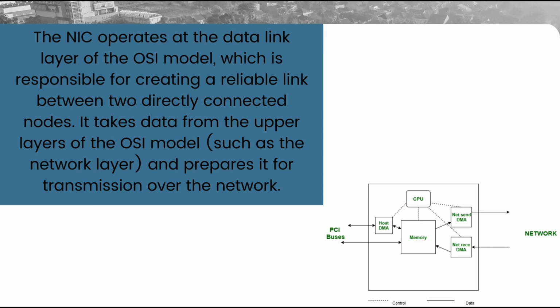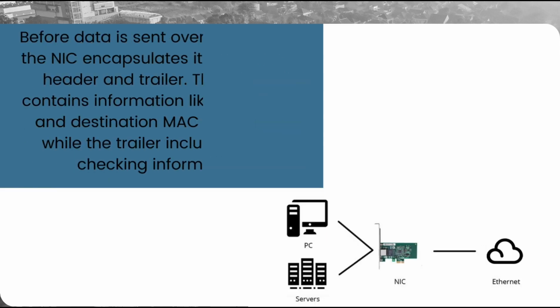Here NIC operates at the data link layer of the OSI model, which is responsible for creating a reliable link between two directly connected nodes. It takes data from the upper layers of the OSI model, such as the network layer, and prepares it for transmission over the network.